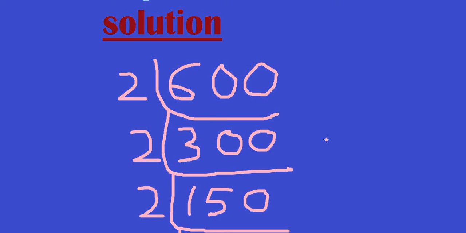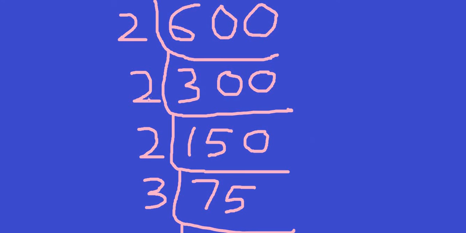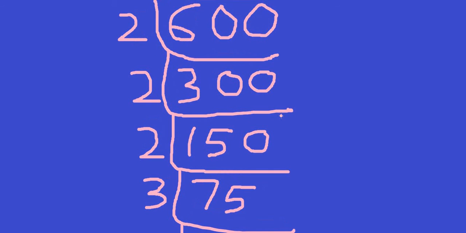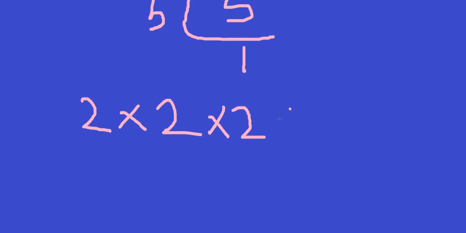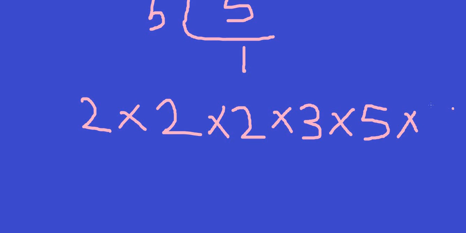So we see that we have already divided our number, which is 600. So we have 2 times 2 times 2. Those are the prime factors, times 3, then times 5, then times 5.